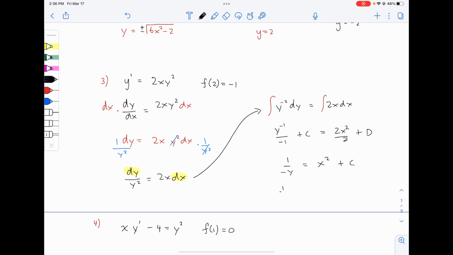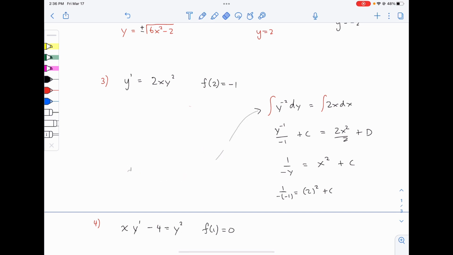So 1 over negative 1 is equal to 2 squared plus c. Let me erase some of this stuff so I have a little bit more room. Oop, maybe not that. And let's go over here on the left. Negative 1 is equal to 4 plus c, where c is actually equal to negative 5.